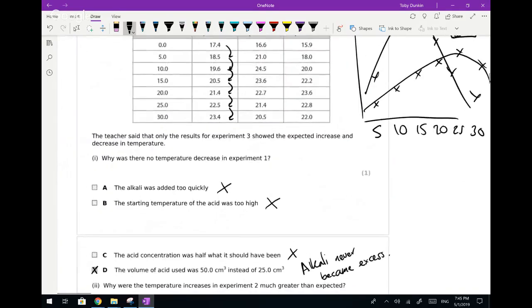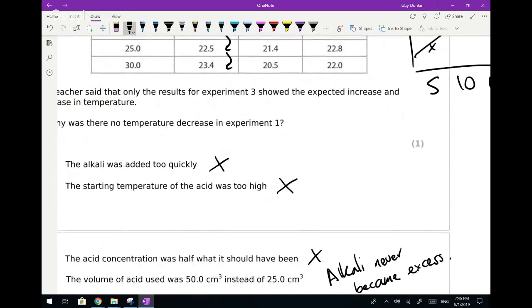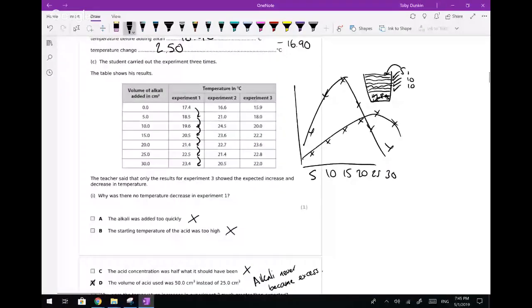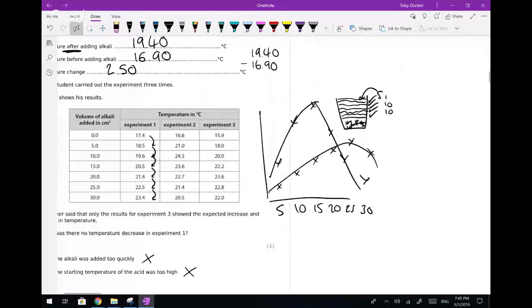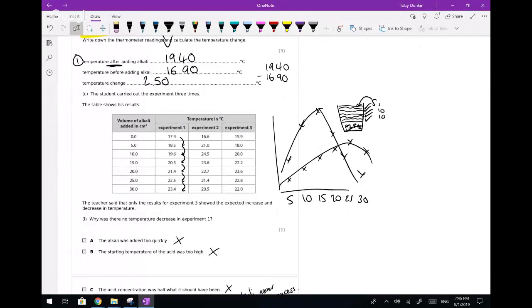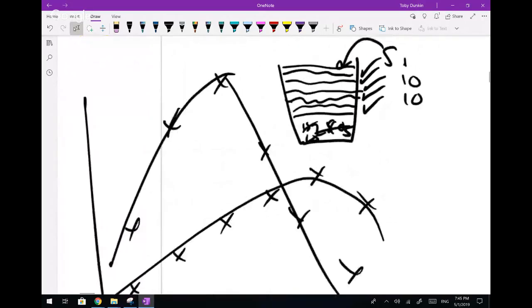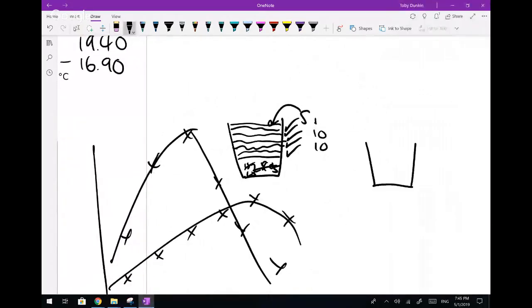What would happen if the starting temperature was too high? The starting temperature of the acid was too high. Well, if we were measuring the temperature, it's really clever this.